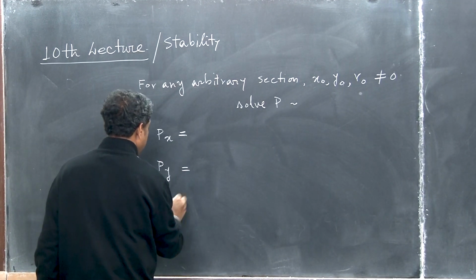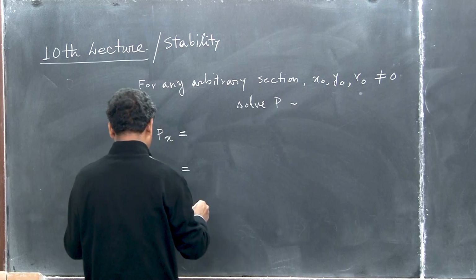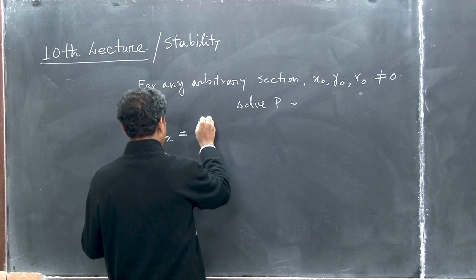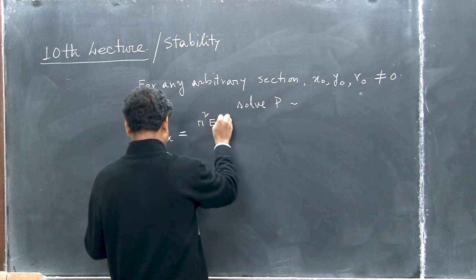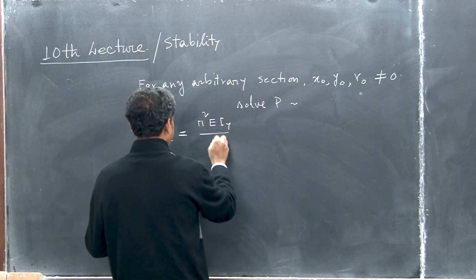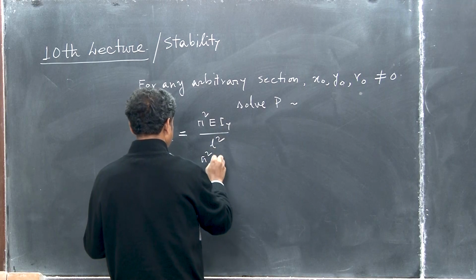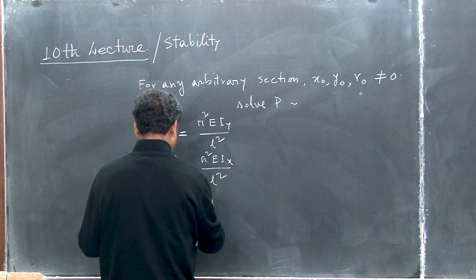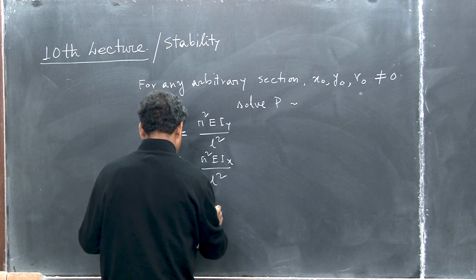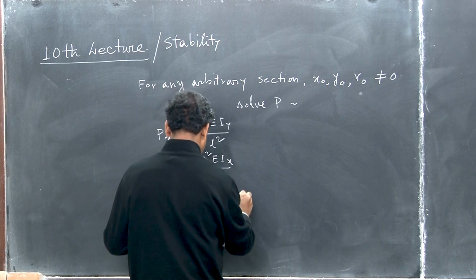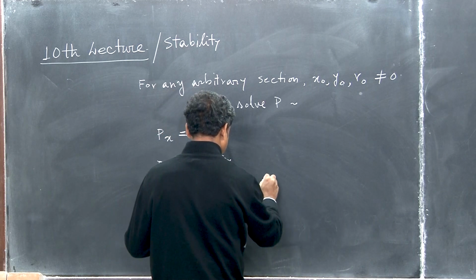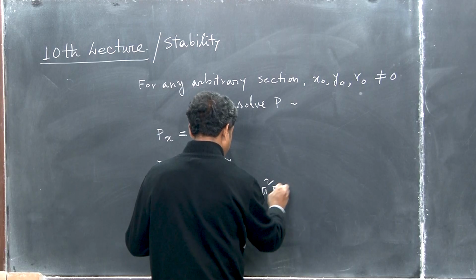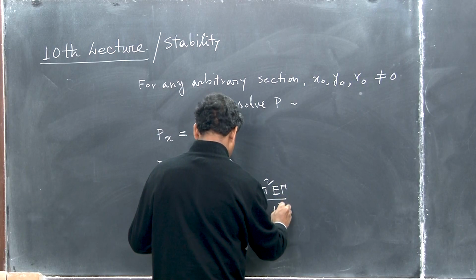We are writing whatever we have written there: pi square E Iy by L square, pi square E Ix by L square, and 1 by r0 square times G J plus pi square E omega by L square.